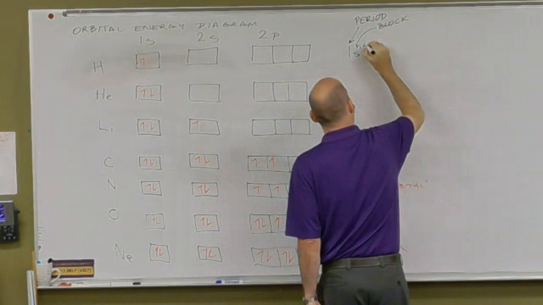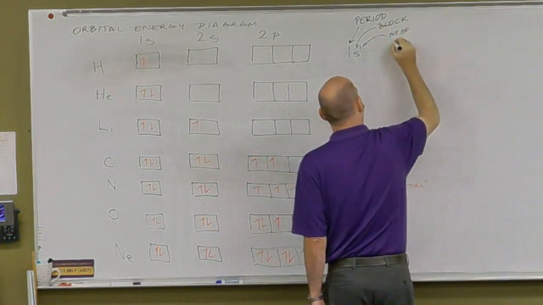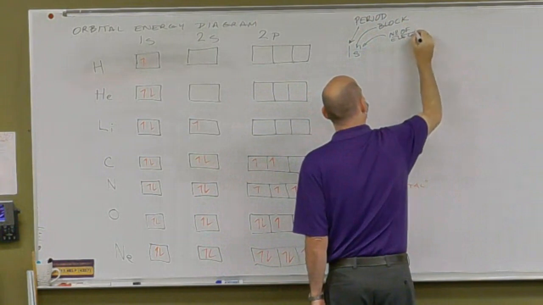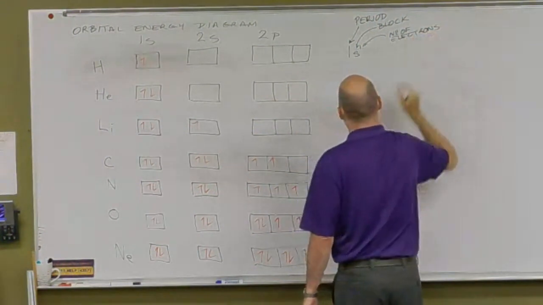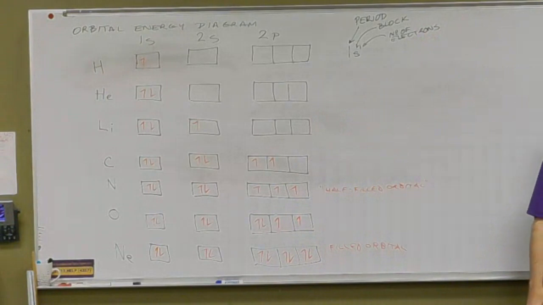That's the block. And then that's the number of electrons. That's a big 1, a lowercase s, and a superscripted 1.